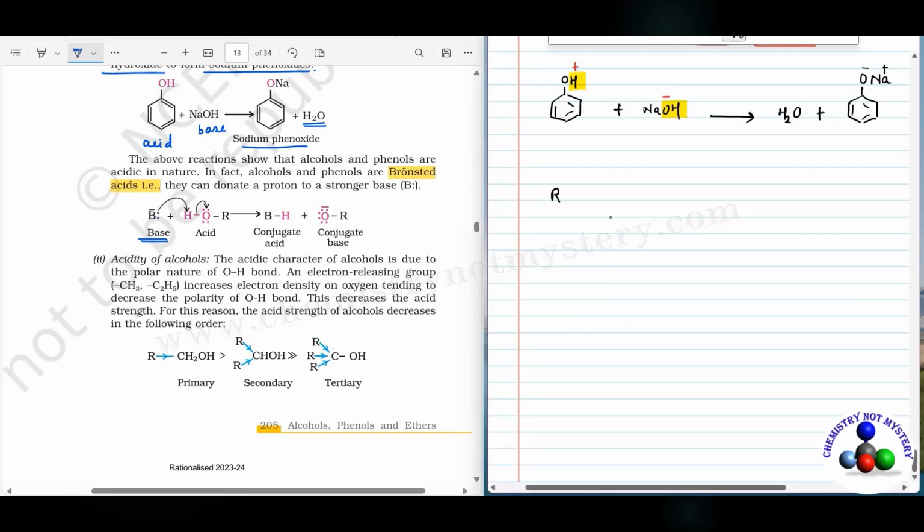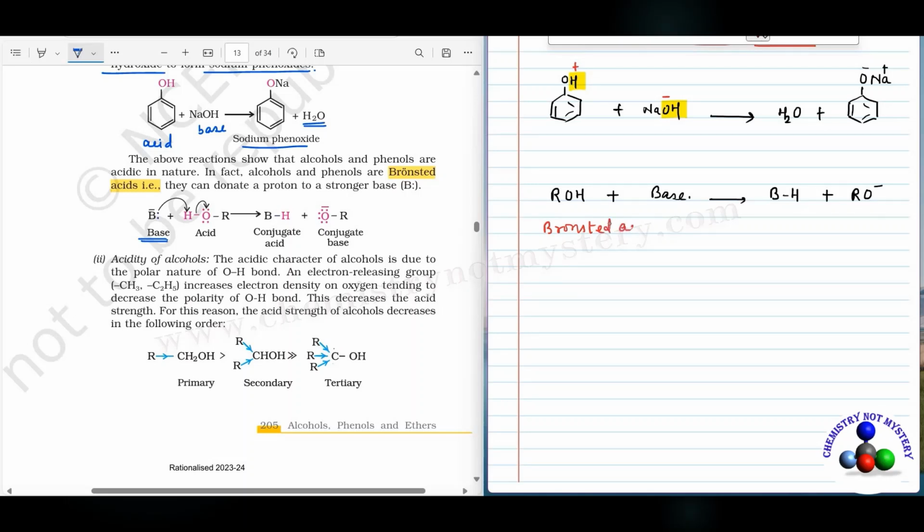This is ROH. This is an alcohol. So when it reacts with a base, it donates its H plus ion. So when it donates its H plus ion, the base will make a bond with the hydrogen and RO negative ion will be formed. So here this alcohol acts as a Bronsted acid.